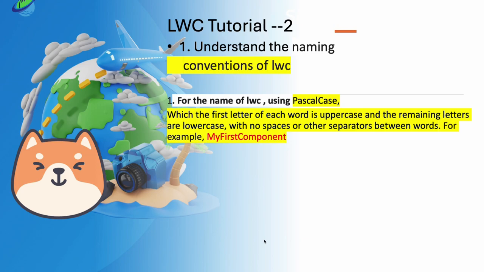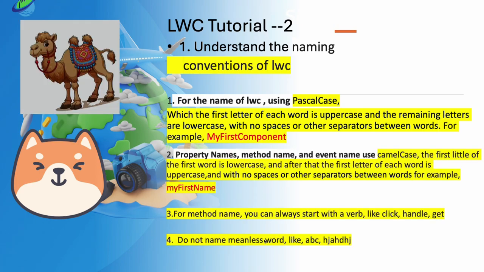For property names, method names, and event names, we use camel case, in which the first letter of the first word is lowercase, and after that the first letter of each word is uppercase, with no spaces or other separators between words.